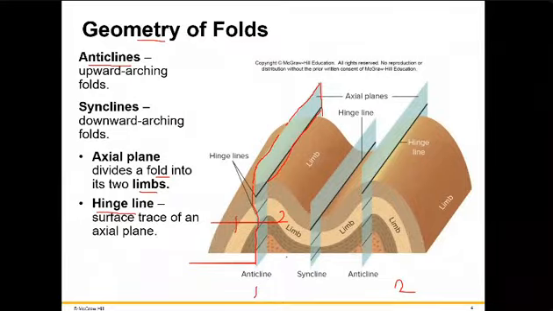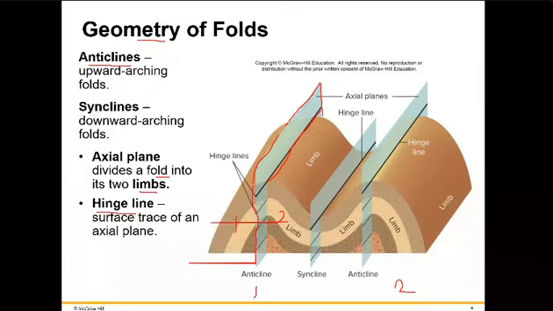When you come to syncline, it's still the same thing. You've got the axial plane, you can see the hinge line here, all right? And on this second fold, what you have is the axial plane, and then again, the hinge line. There are other terminologies I'll bring to your notice as we go ahead, all right? So take note of the hinge line and the axial plane.